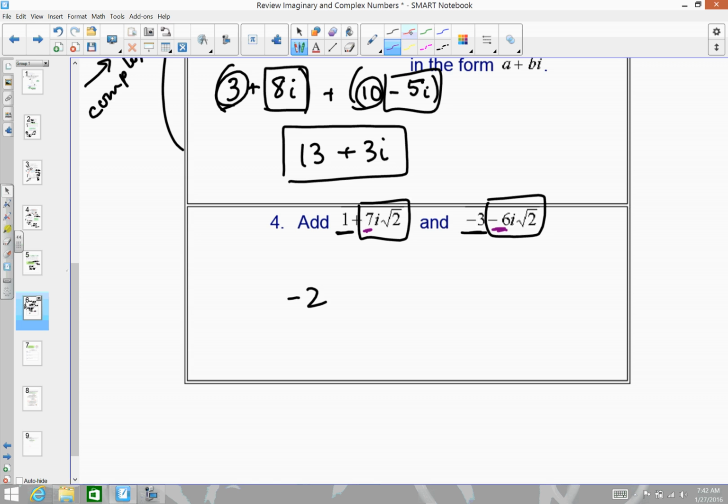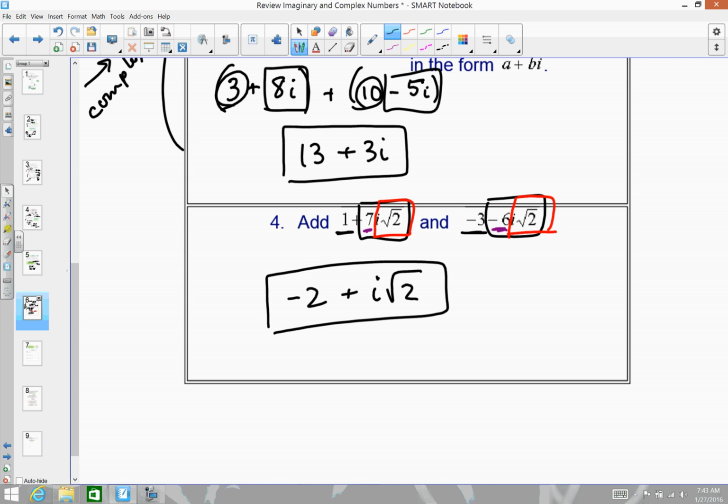In order to add those together, everything else has to match. So here I have i radical 2 and another i radical 2. So they are like terms, and I can add them together. 7 and negative 6 gives me 1, so I have a positive 1 of these i radical 2's. That gives me my answer there.